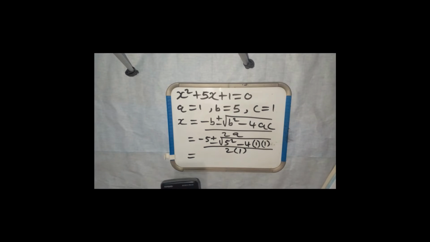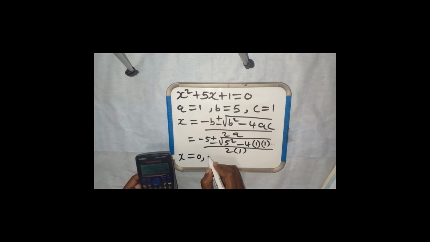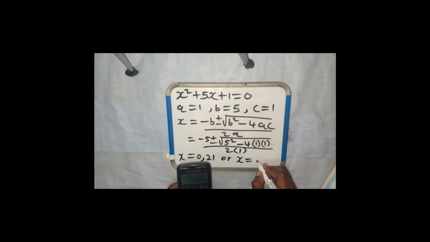Then the first x is gonna be, usually they usually say round off into 2 decimal places. Therefore, x is equals to 0.21 if you put positive, or x is equals to, if we put negative, x is gonna be negative 4.79.